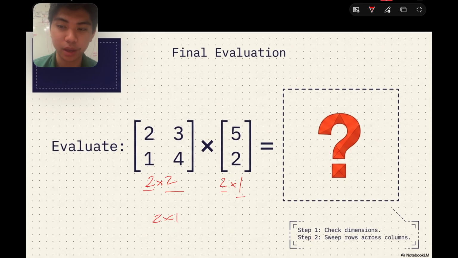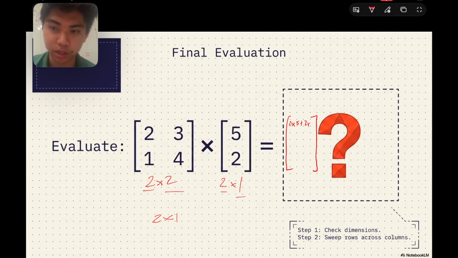How we're going to do this is multiply 2 times 5 plus 3 times 2, and 1 times 5 plus 4 times 2. That's going to give us 10 plus 6 is 16, and 5 plus 8 is 13. And so that is our answer there.